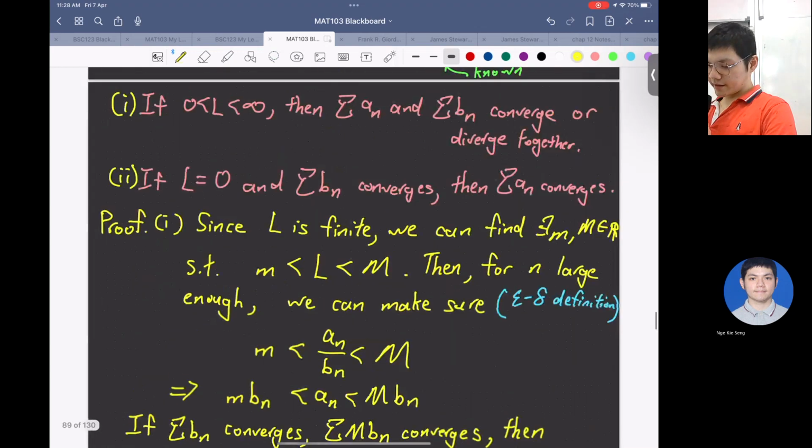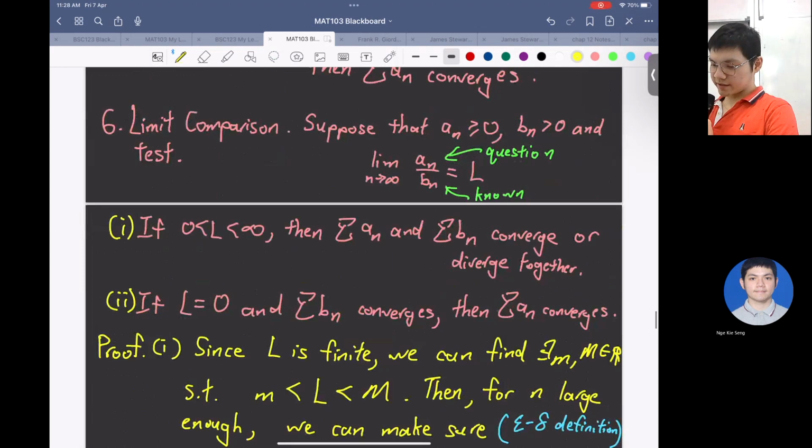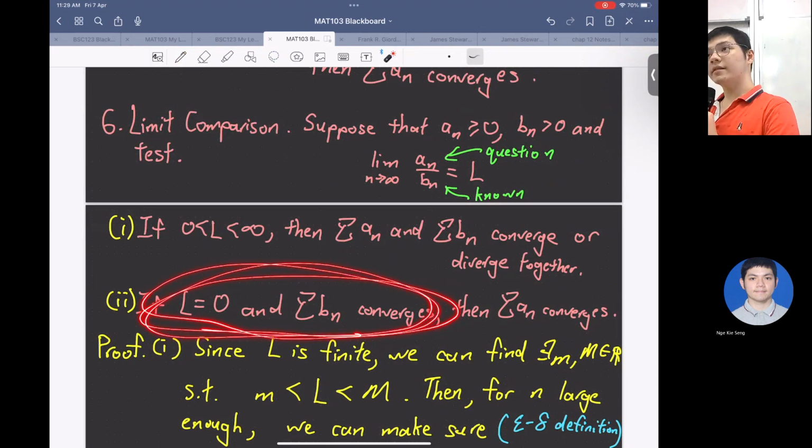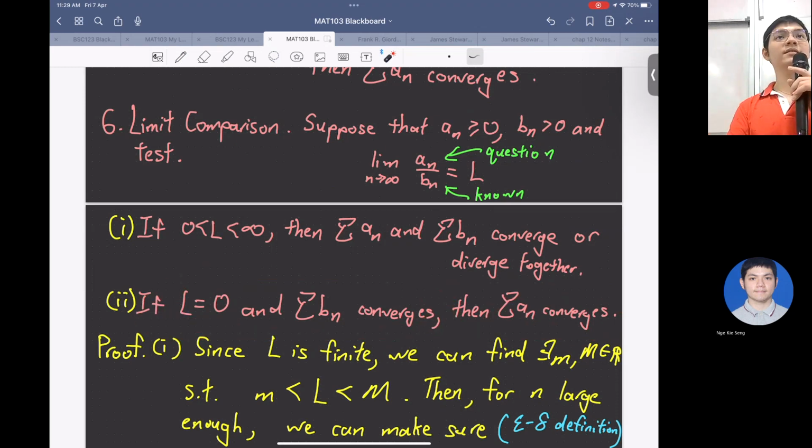So that's why in this limit comparison test, we have these two extra conditions together to make sure our infinite series of an converges. Okay, make sense? All right.